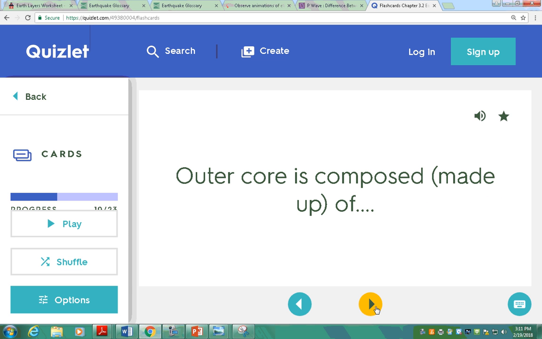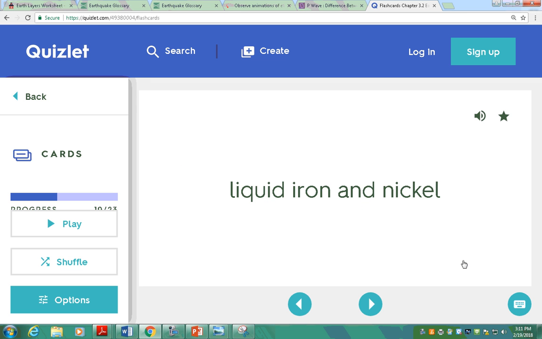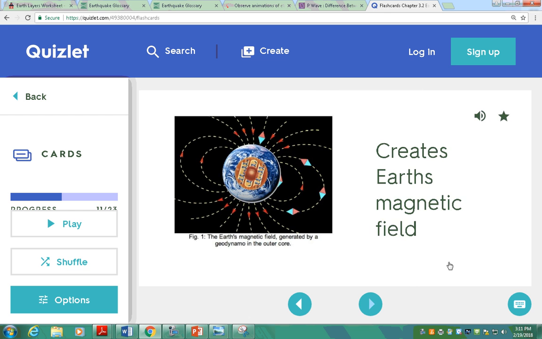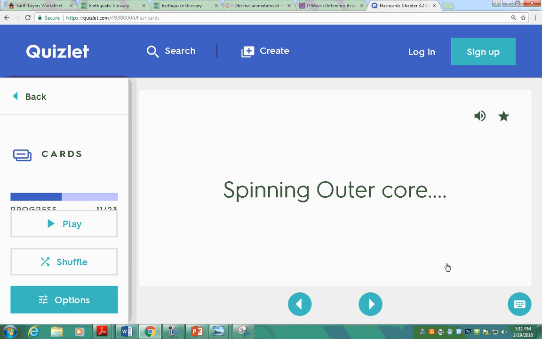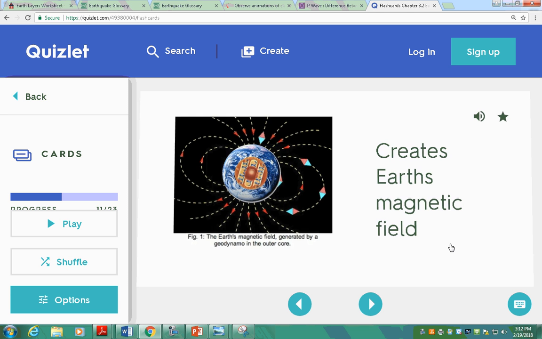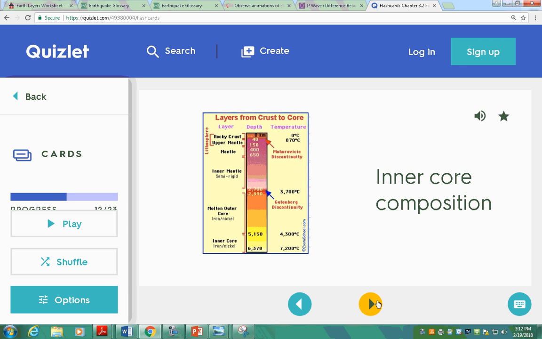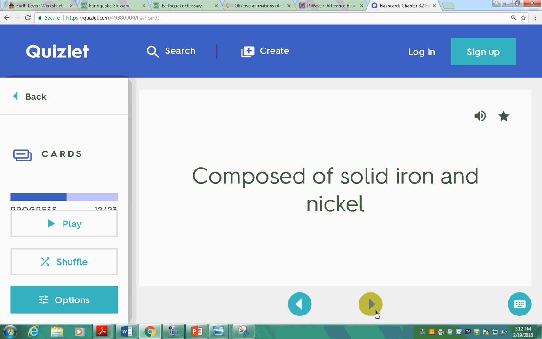The outer core, if you need a memory jogger, is composed of metal, liquid iron and nickel. And that spinning outer core is what actually creates our gravitational field. The inner core's composition is listed here: solid raw iron and nickel.